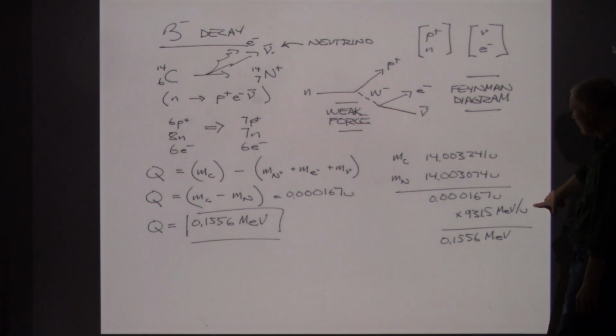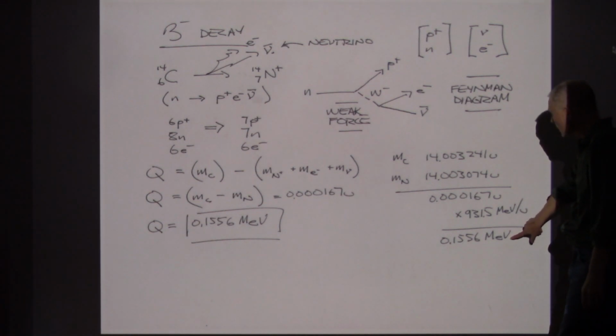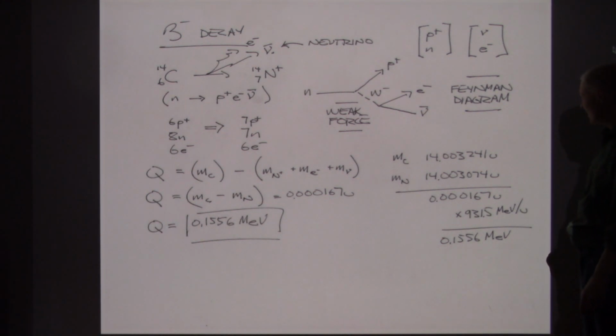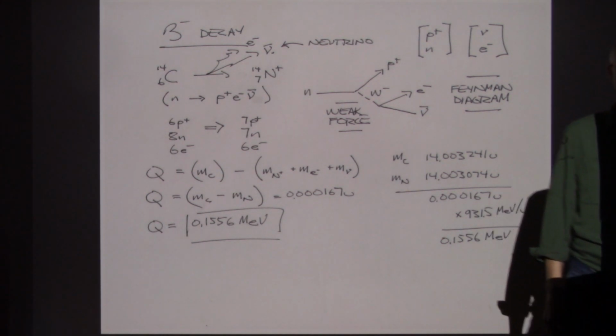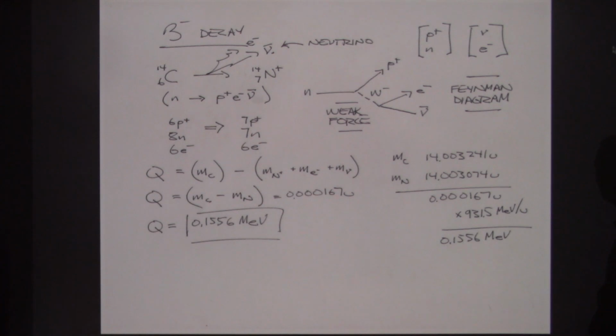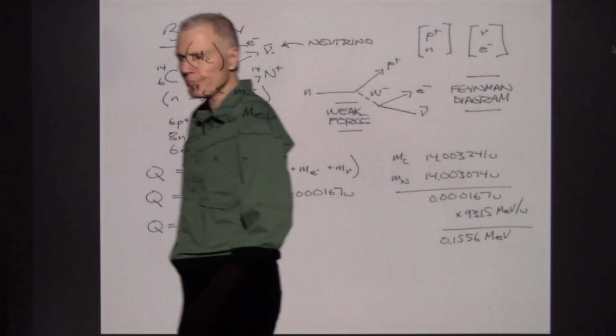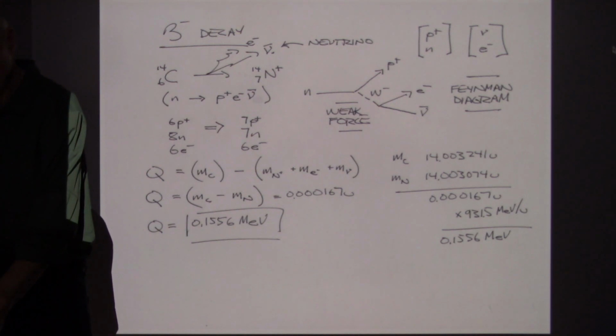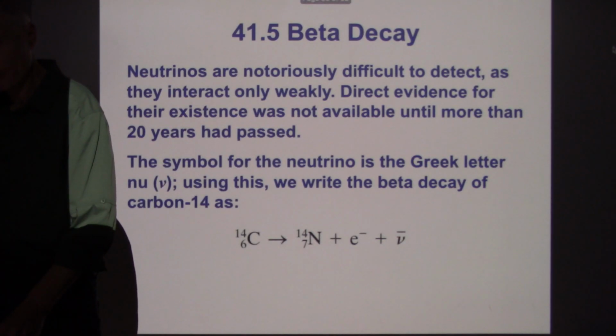That gets multiplied by my energy-mass conversion, and that's not very energetic. Carbon-14 decay, the energy release is only 0.1556 MeV. That's pretty low compared with the other ones that we've looked at. Okay? All right. That's how it works.